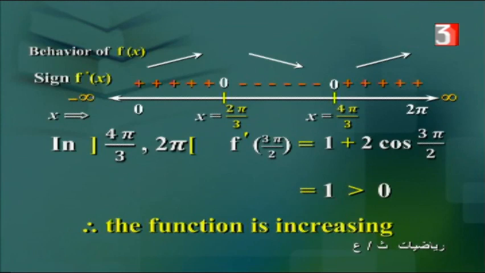Then we have three intervals for the function x plus 2 sine x. The function is increasing in the open interval 0 and 2 pi over 3, decreasing in the open interval 2 pi over 3 to 4 pi over 3, and increasing again in the open interval 4 pi over 3 and 2 pi.